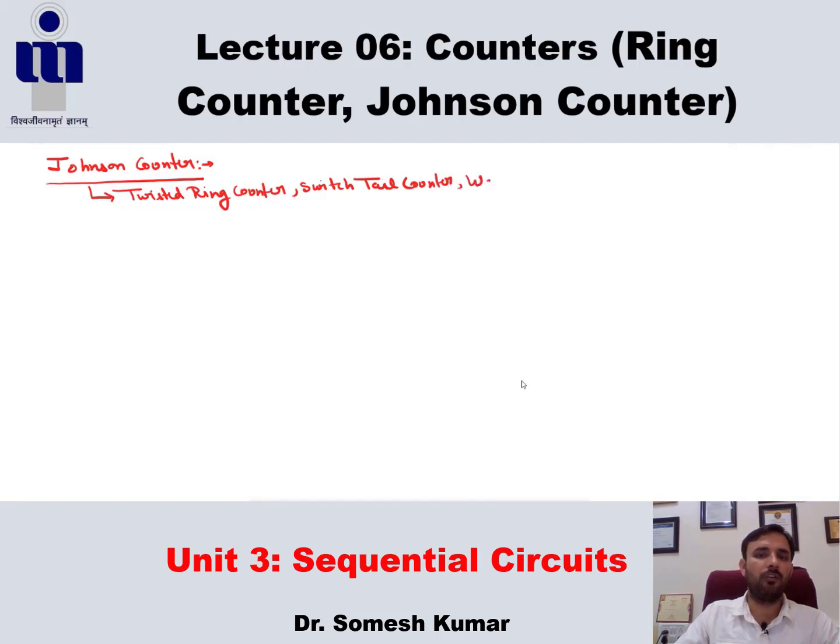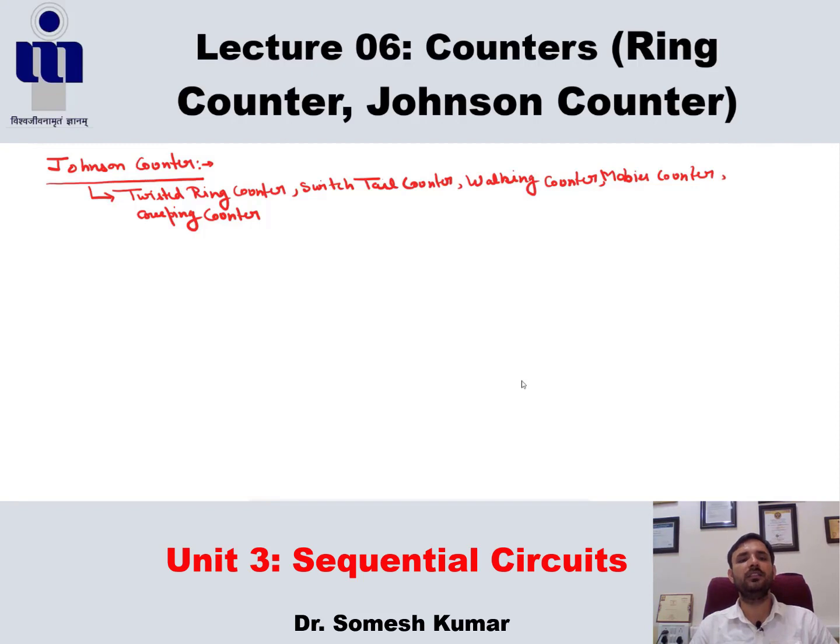It is also called walking counter. It is also called the Mobius counter. Also called the creeping counter. So these are the alternative names of the Johnson counter. All these names are given based on its operation.